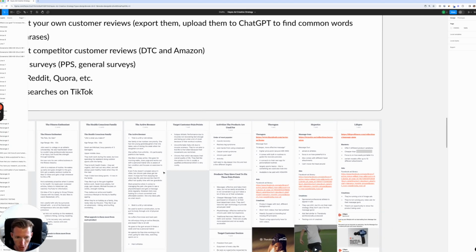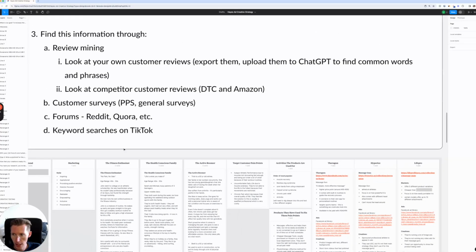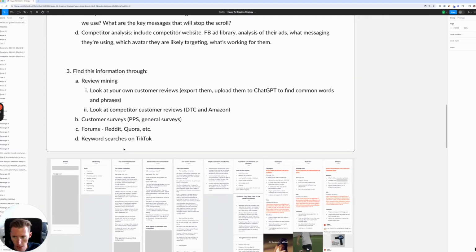And a step further is looking more at your customer reviews, okay? So zooming back out and understanding how do we actually find this information. A lot of it is found through customer reviews, both on your own website, but also on your competitor websites and on Amazon.